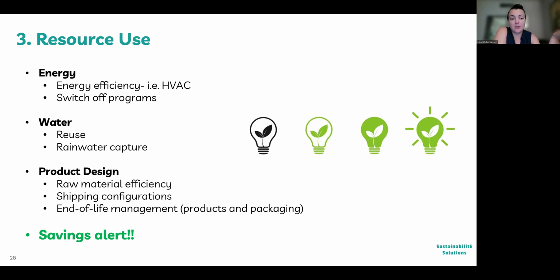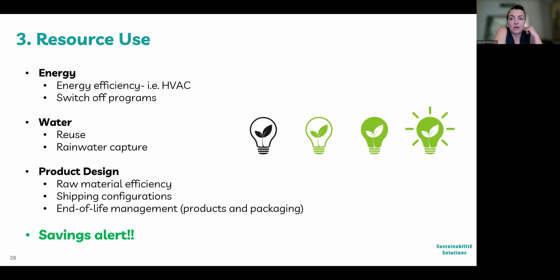Then the third component of product design is end of life management. Sending things to the landfill is really the least imaginative way to deal with these used raw materials. So it's really up to companies now to design products responsibly so that they can be recycled, or easy to repair, as right to repair is becoming an issue, or also even take back schemes.